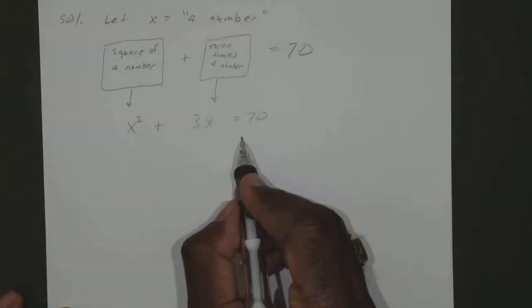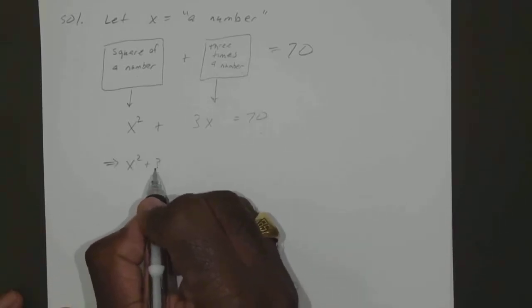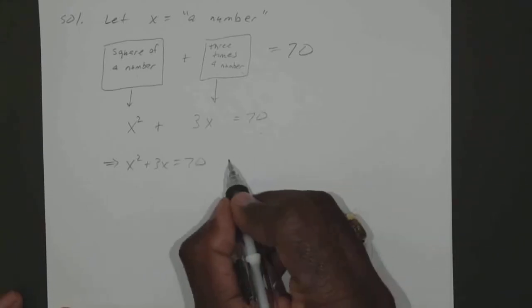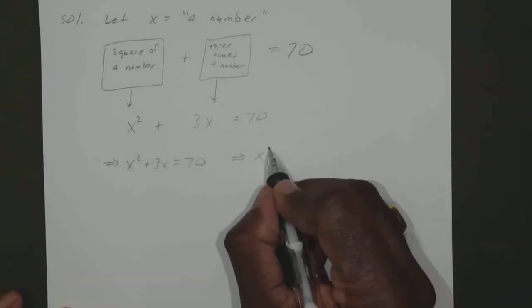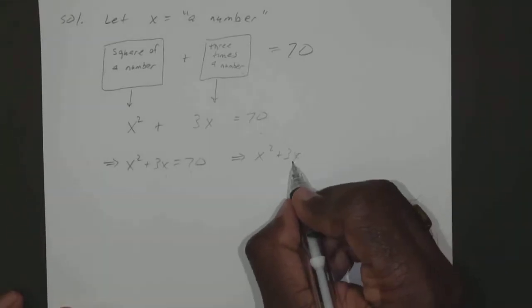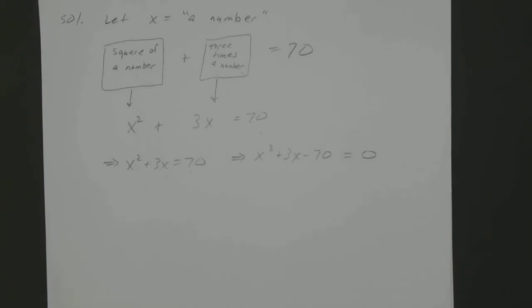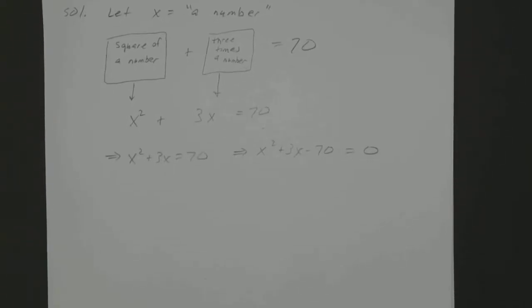Okay, so that gives us x squared plus 3x equals 70, which becomes x squared plus 3x, subtract 70 from both sides, minus 70 equals 0.